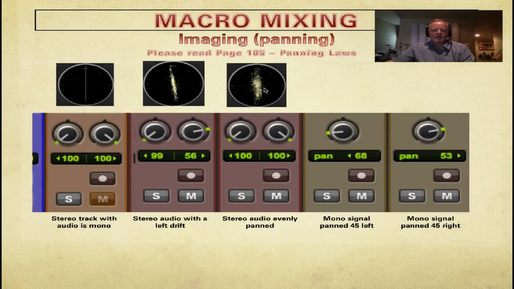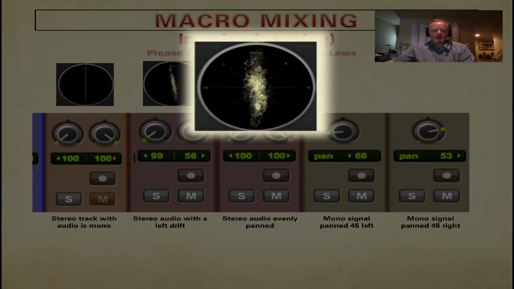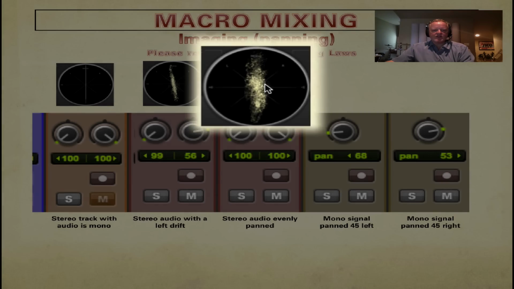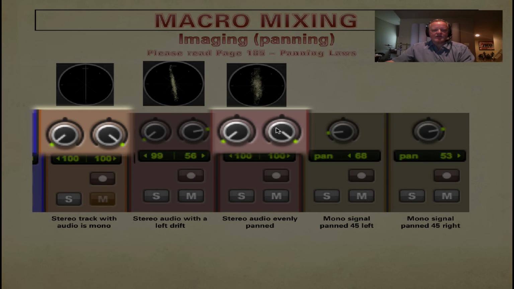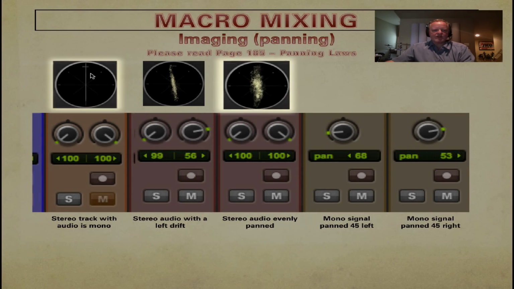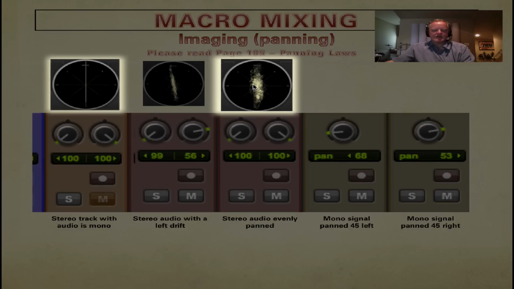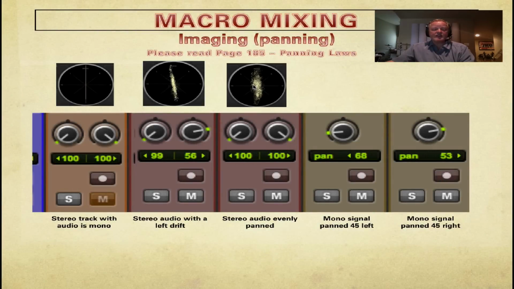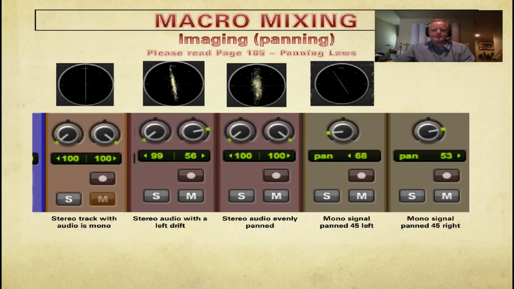Whereas our nylon guitar 2, at completely wide, really shows that there is stereo information. Now look at this. Both of them are panned stereo, but this one is completely mono and this one is stereo. So don't be fooled by tracks being stereo tracks. Sometimes stereo tracks are simply tracked incorrectly and you have to check.